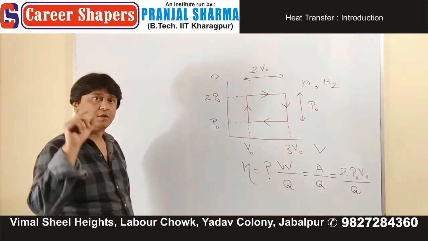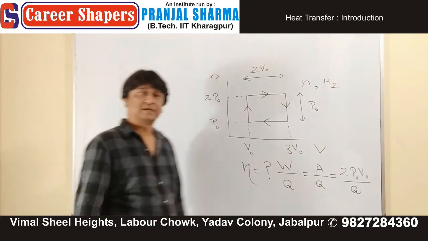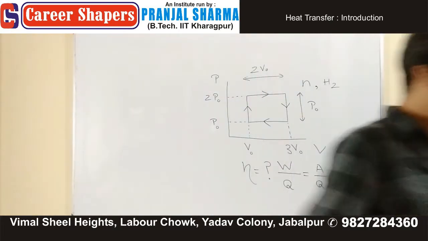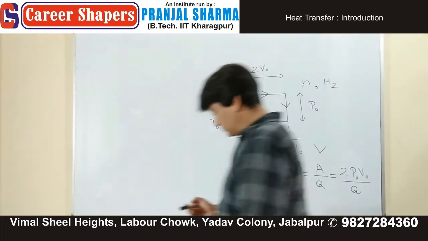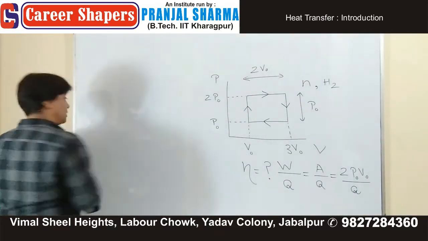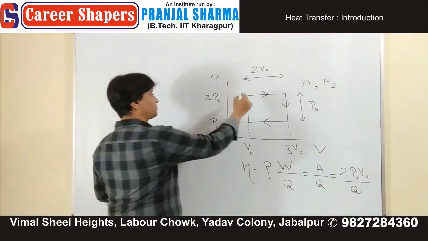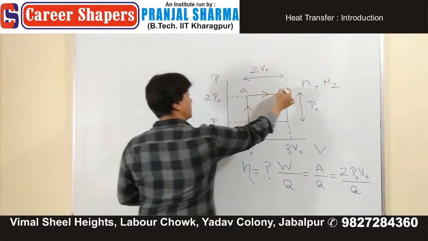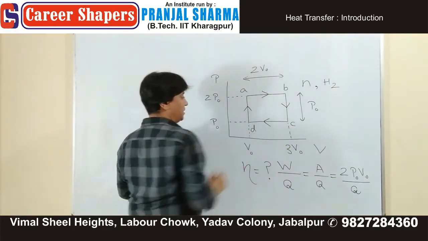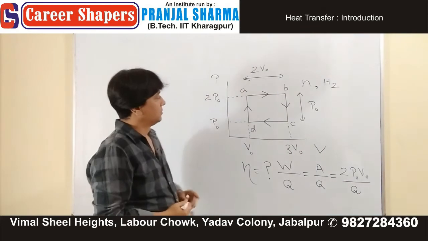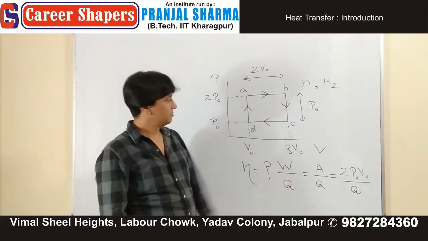Q is that part of the heat which is positive. Look here. A, B, C, D.